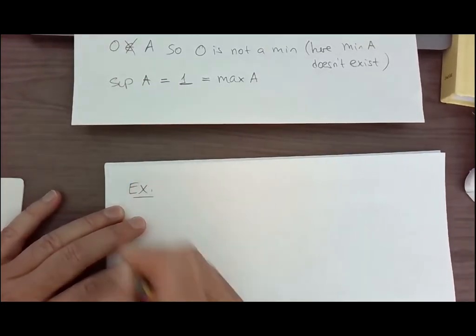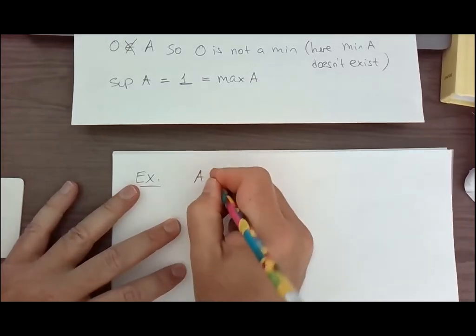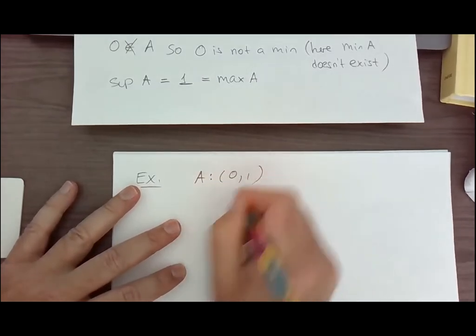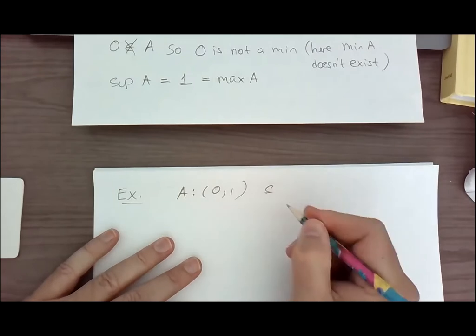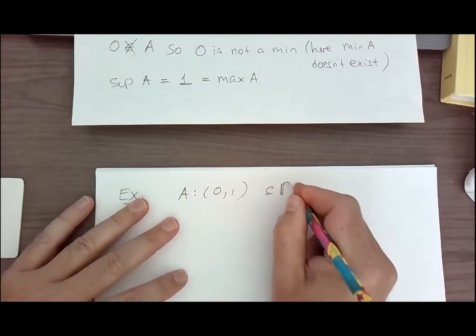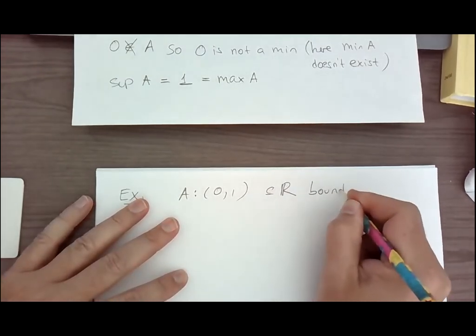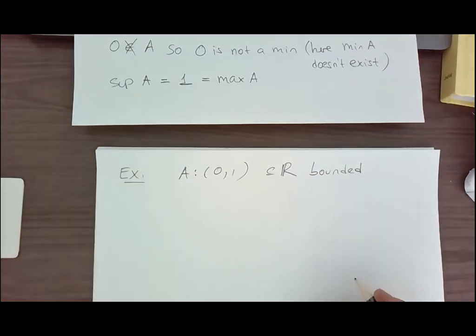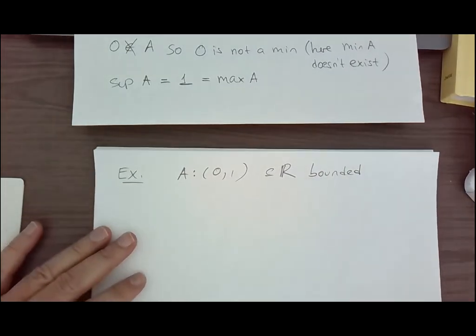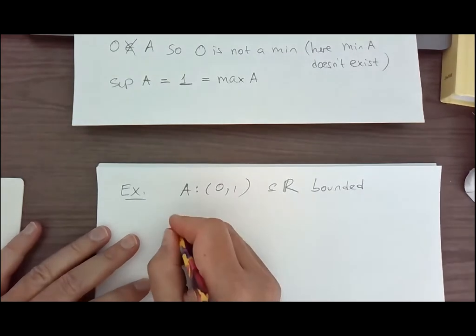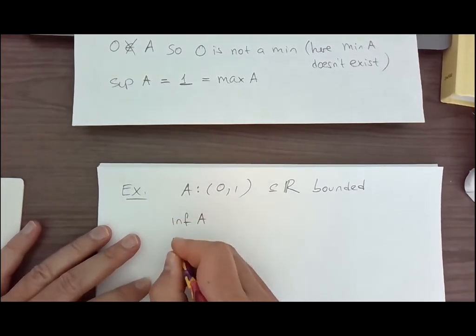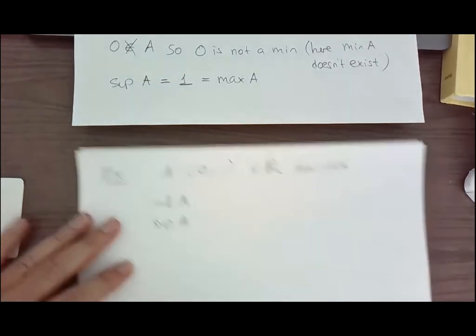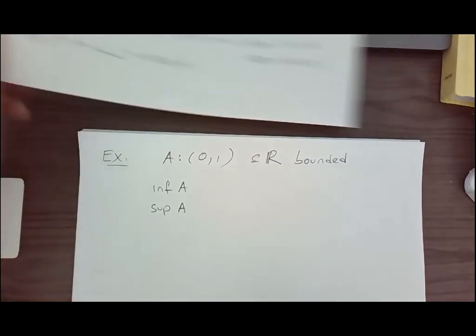Okay, very good. So let's move on to another example. If I would take A to be, say, the open interval from 0 to 1, this is definitely something inside R, and it's again bounded from below and bounded from above. In this case, I will take the infimum, I'll take the supremum.